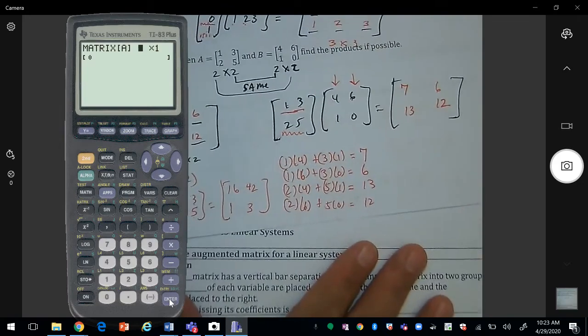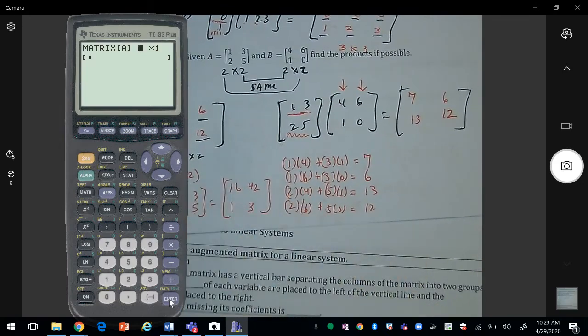A here is 1, 3, 2, 5, so that's a 2 by 2 matrix. So I'm going to enter 2 by 2, and it changes the matrix size. And so for A, we have a 1, and then a 3, a 2, and a 5.